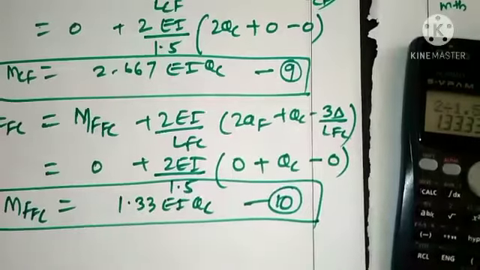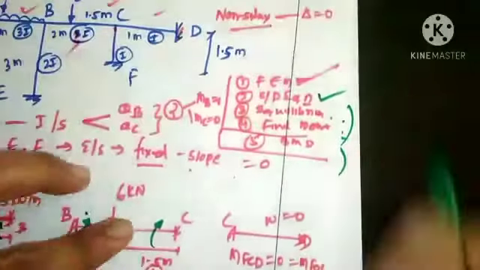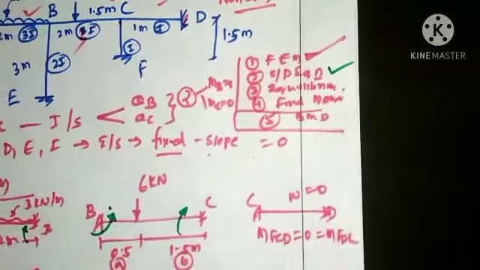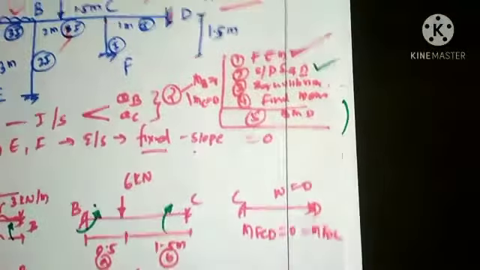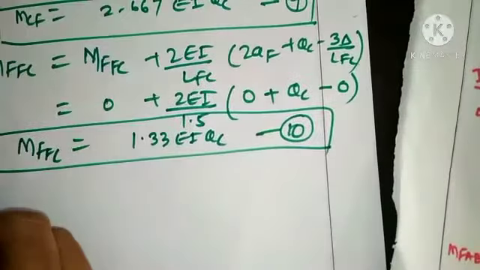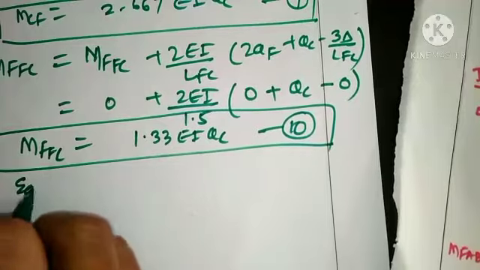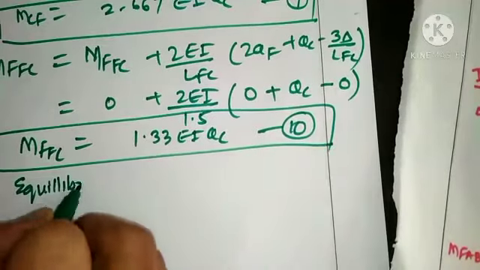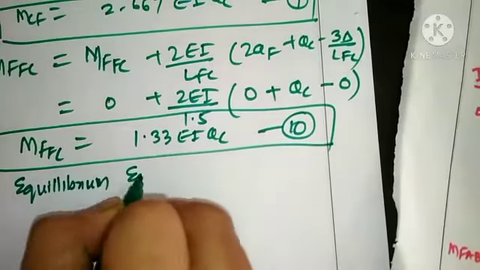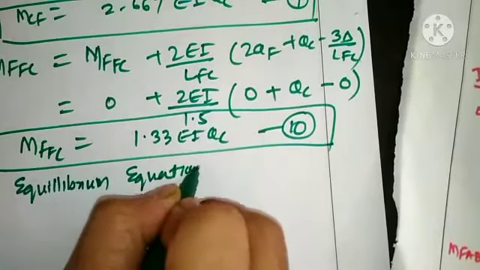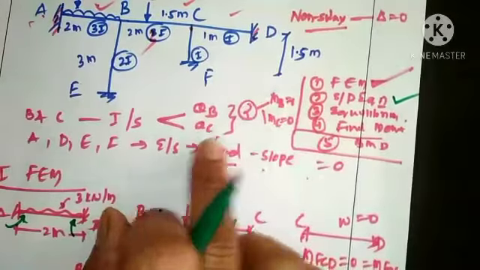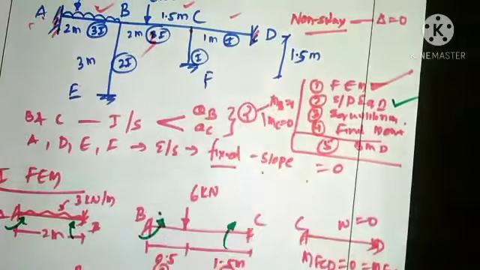So these are nothing but the second step, which is the slope deflection equation. Next is the equilibrium equation. The equilibrium equation will help us find the unknowns, theta B and theta C, and the equilibrium equations will be for MB and MC.